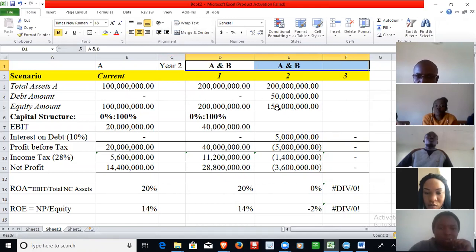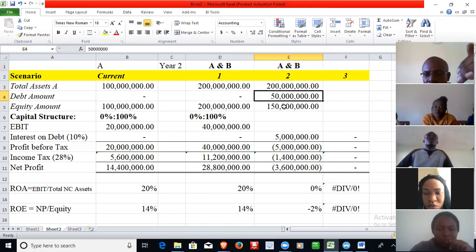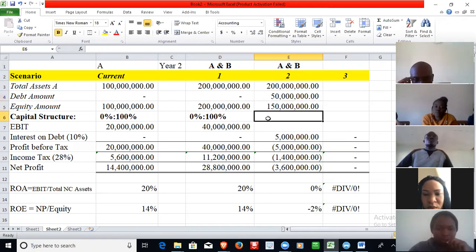Which one is the best option? So we're saying the second project, it's 50% debt, which is 50 million, then equity 50 million plus the previous one. So therefore, what will be our capital structure here? What will be our capital structure, if I may ask?